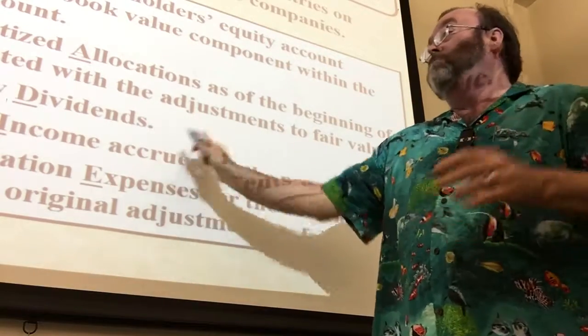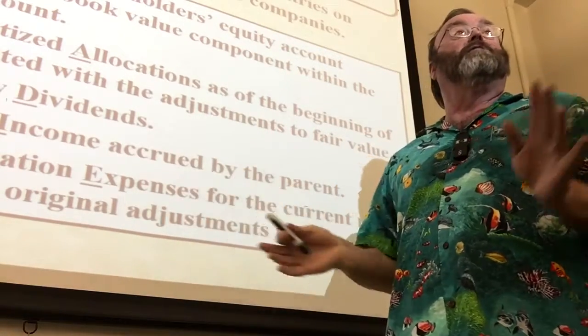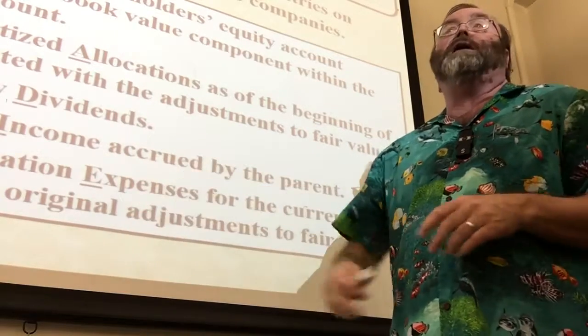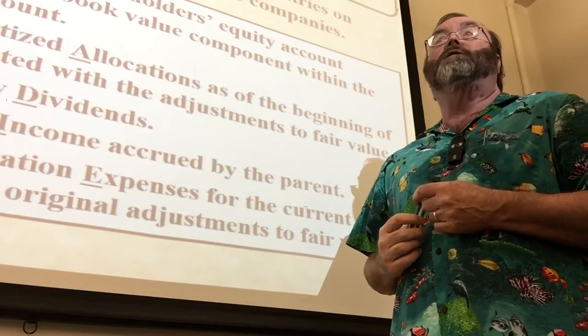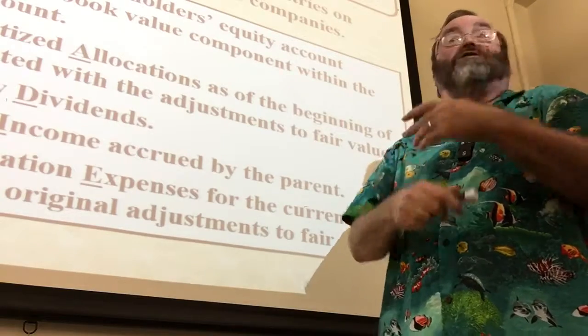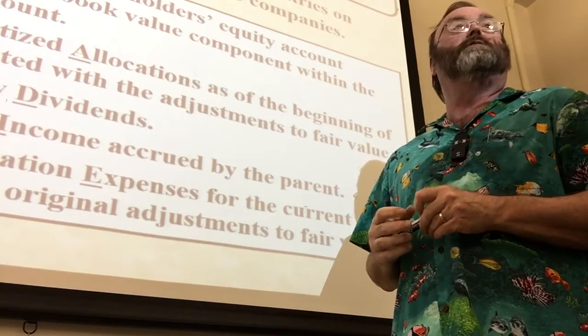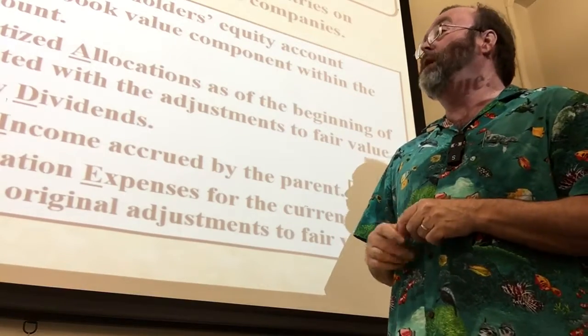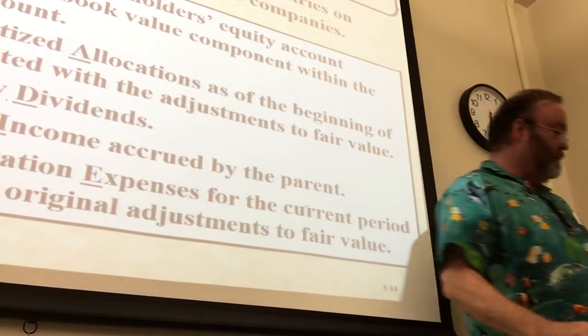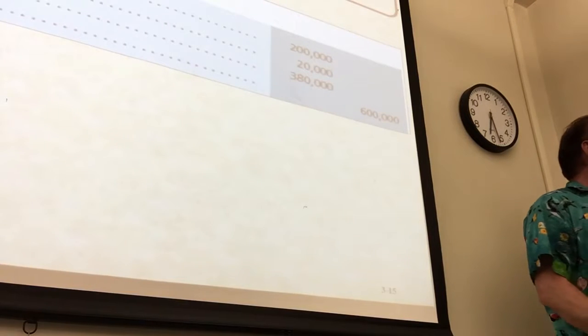And then after 10, the E entry goes away. Eventually, all E entries go away, because eventually you're going to amortize fully whatever it is you bought. Right? Okay? All right. There's the SADI entries.